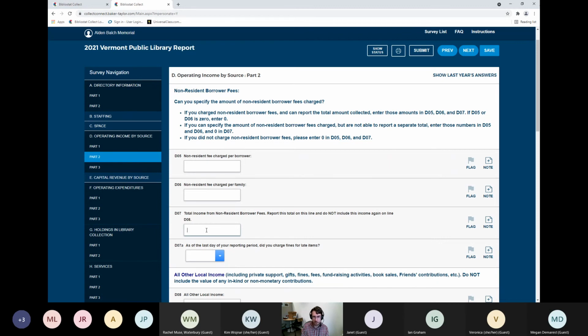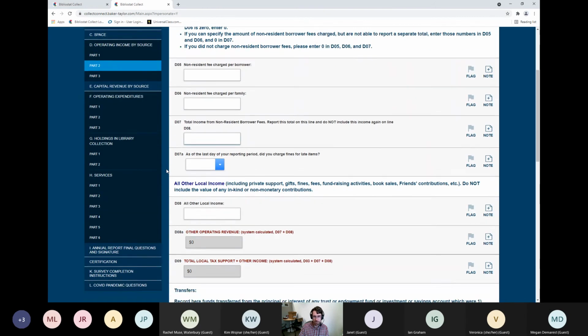There was no money that came through in something. And -1 means we don't do that at all. But in this case, 0 is what you want, because you can't put a -1 in a financial category because it goes crazy. And I probably just confused you all. I apologize. But we'll talk about that more later, what to do if a question doesn't apply to you.